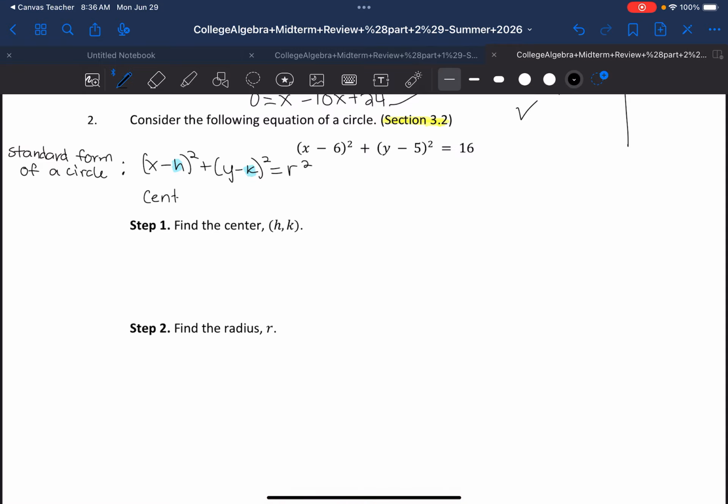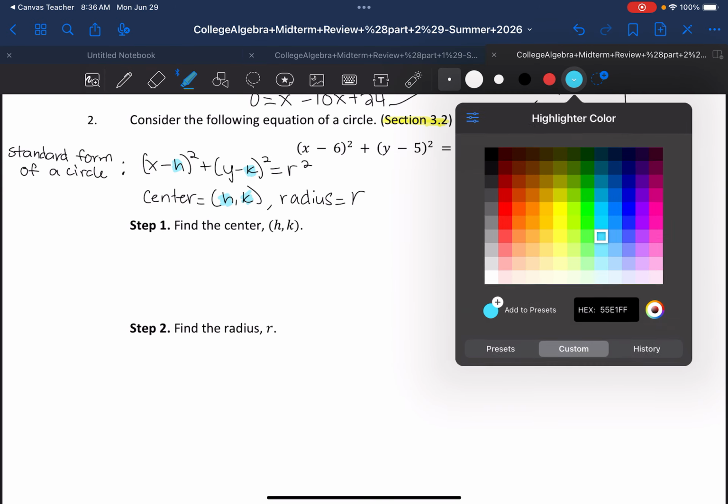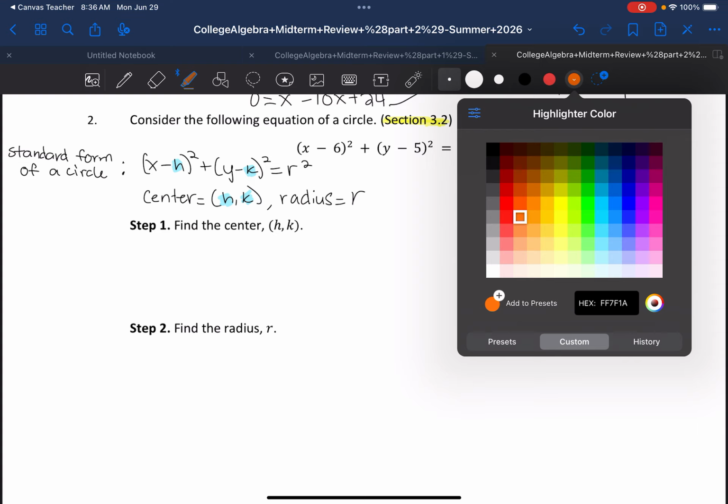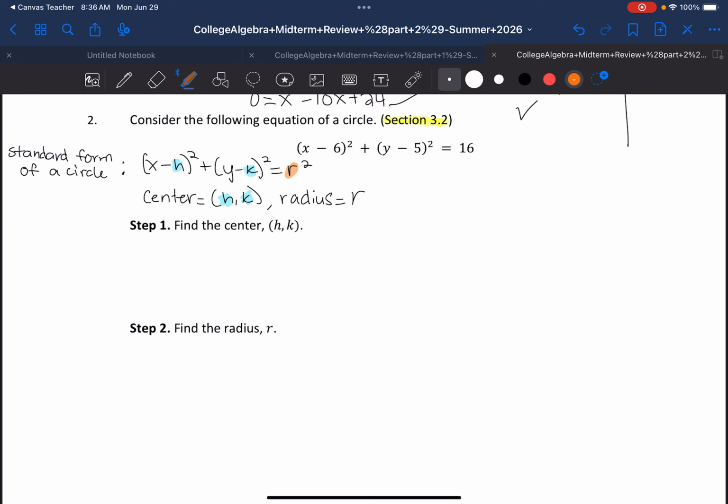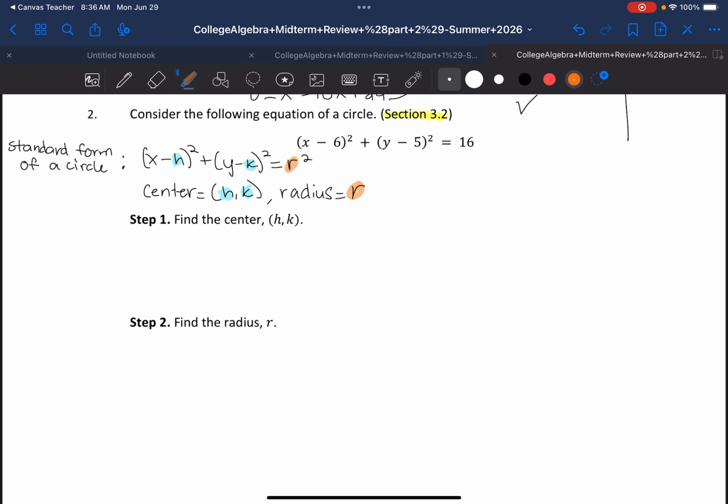The center is equal to h comma k. And the radius is equal to r. So whatever number you have to square to get the number that this form is equal to, that is your r.